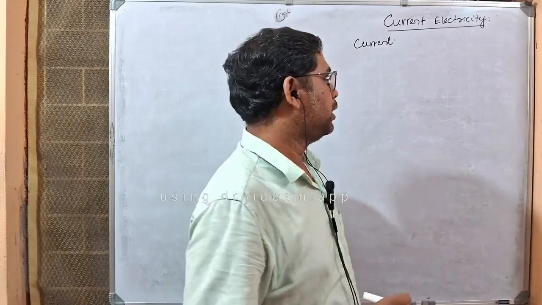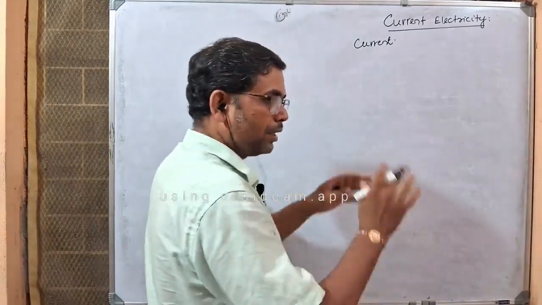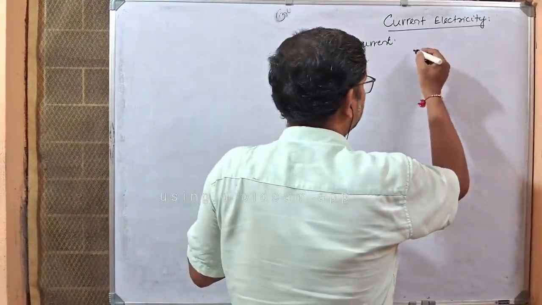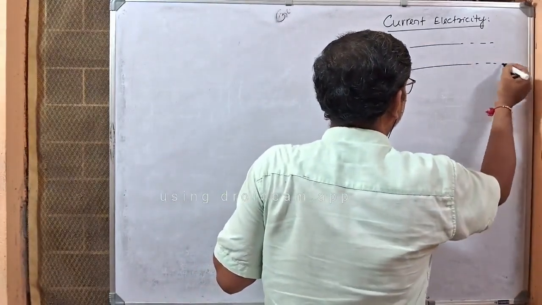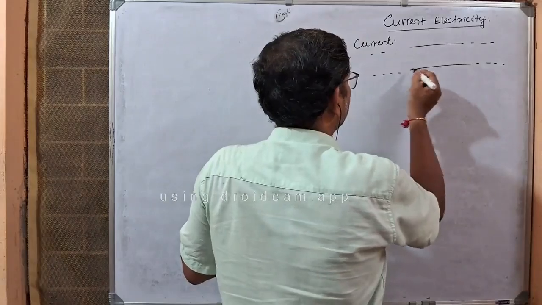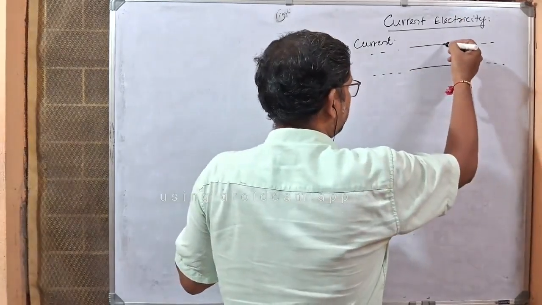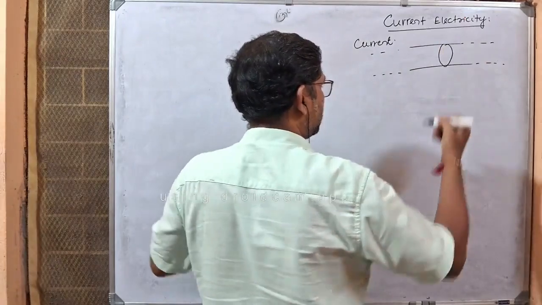Okay. Suppose imagine there is a conductor, a wire. I just magnified its size. It's a conductor. So just imagine any cross section of the conductor.